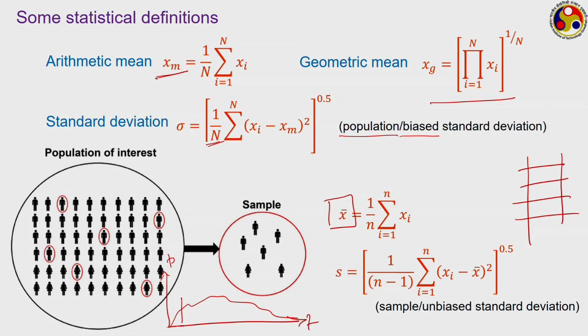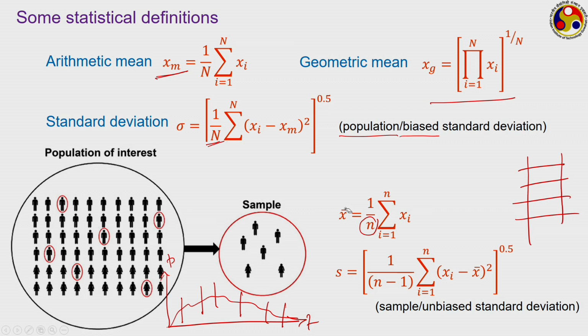So, if you take sample 1 here, another here, another here, then what value of x bar, or p bar in this case, the average pressure, are you going to get? If your choice of samples is this one and this one, then the value of x bar may be different. That means the value of x bar is dependent on the chosen sample and on the total number of samples, small n, that you have collected.